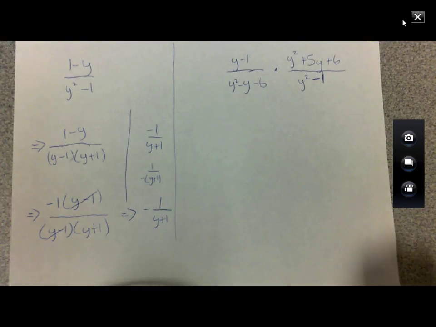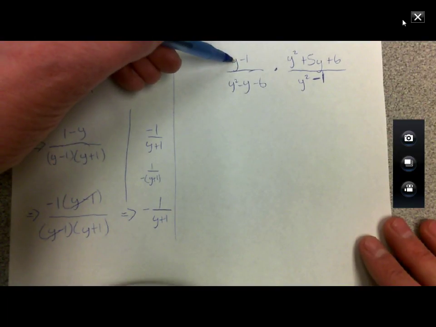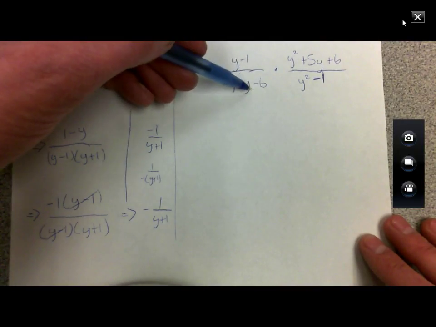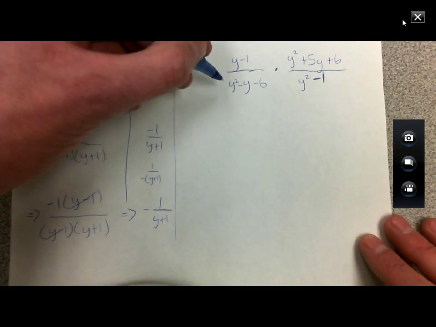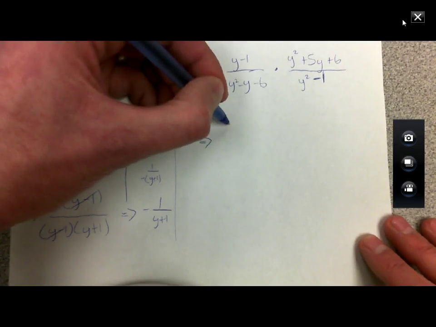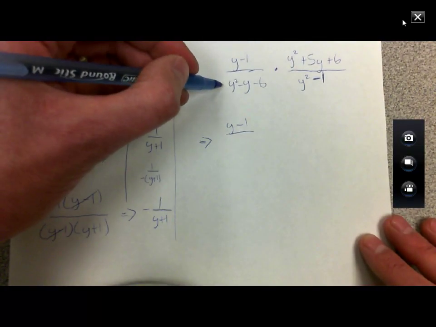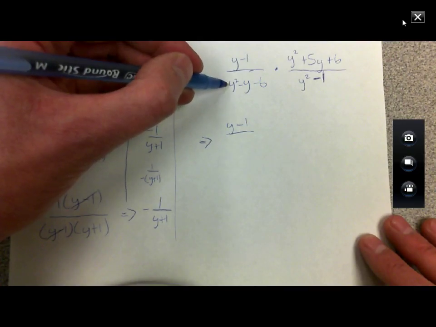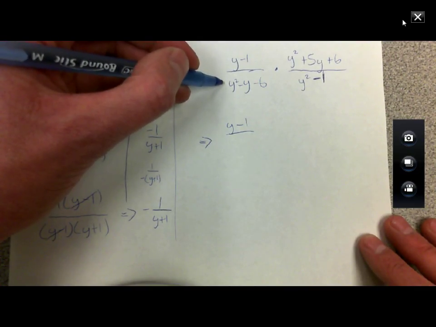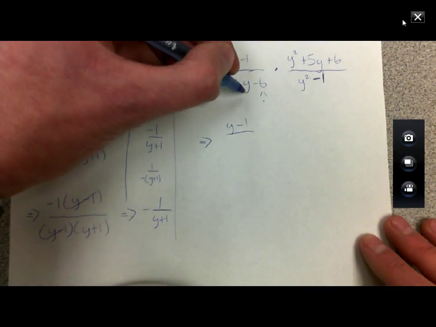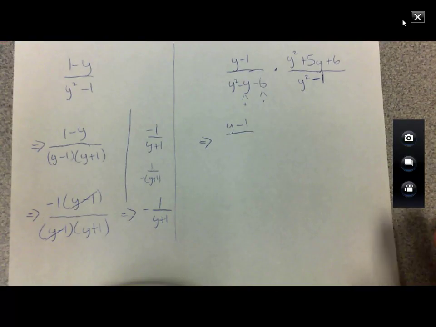For the second one, the numerator, again, this y minus 1, I'm going to leave it for now, unless I need to change it, but for now I'll leave it alone. The denominator here in this first fraction, I can definitely factor that. There's no coefficient before the y squared. And so I can find two numbers that multiply to negative 6 that also add to negative 1.